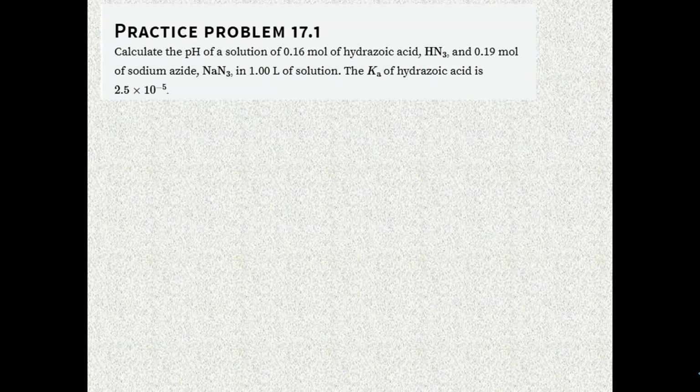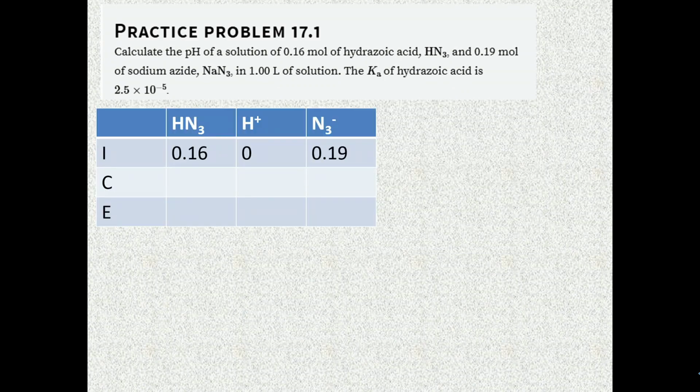Okay, the Ka of hydrazoic acid is 2.5 times 10 to the minus 5. So my icebox looks like this: 0.16, 0, and 0.19. So 0.16 divided by 2.5 times 10 to the minus 5 is 6,400, so I'm good for dropping the x.